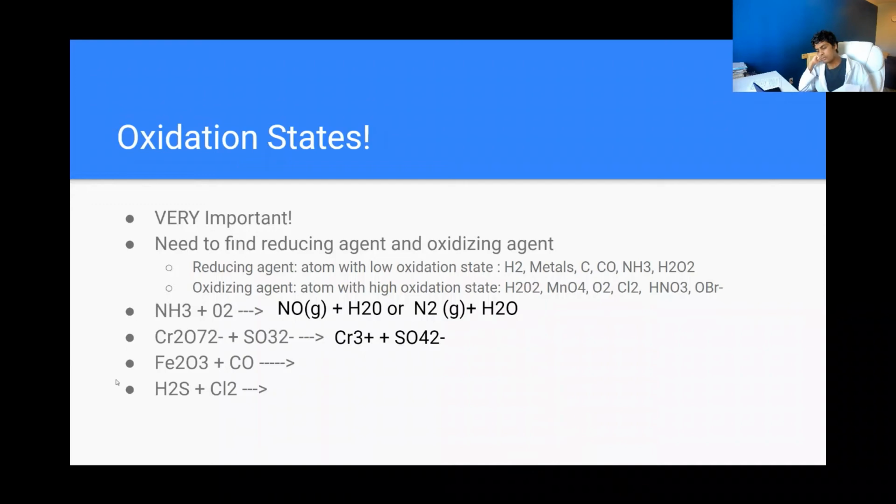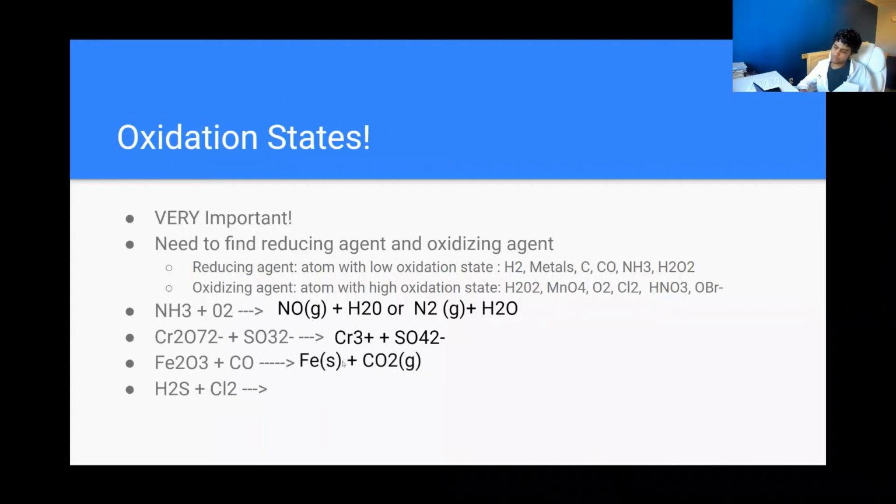Now we have Fe2O3 plus CO. I forgot its name, but we know CO is a reducing agent and it will get oxidized. So what will CO get oxidized to? Carbon dioxide.